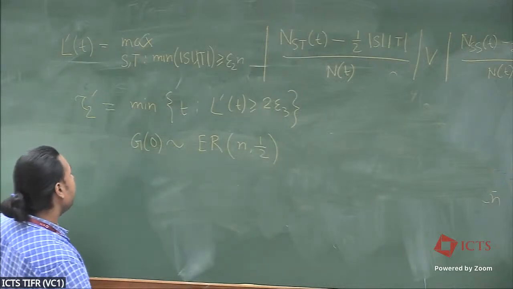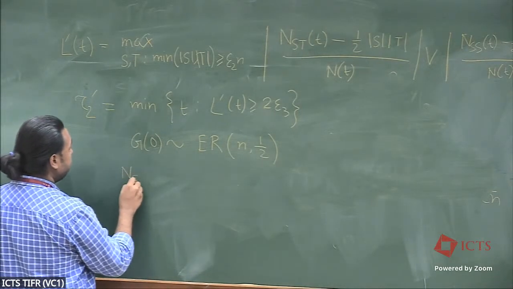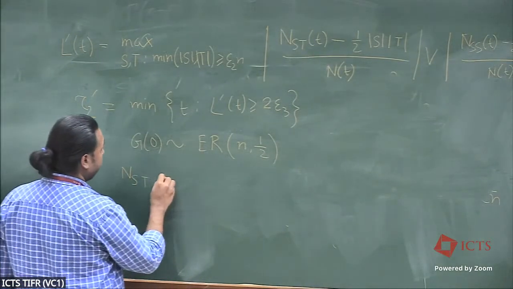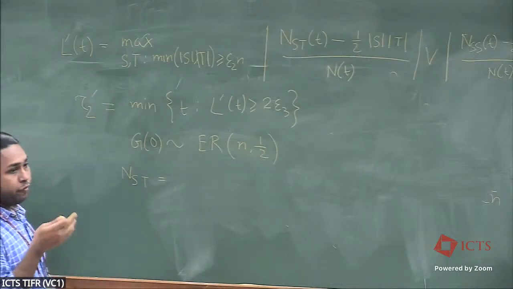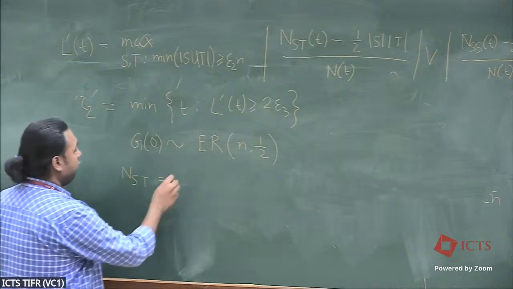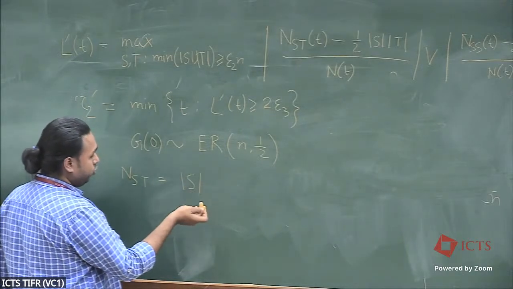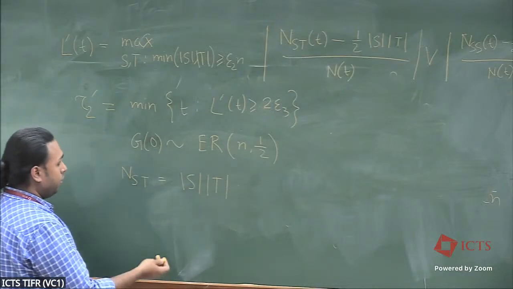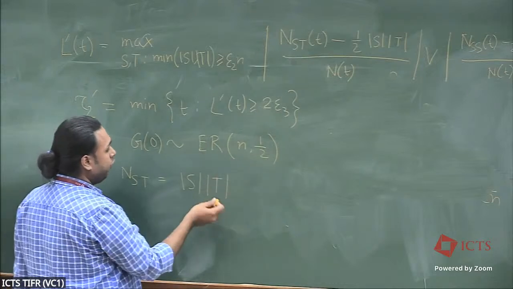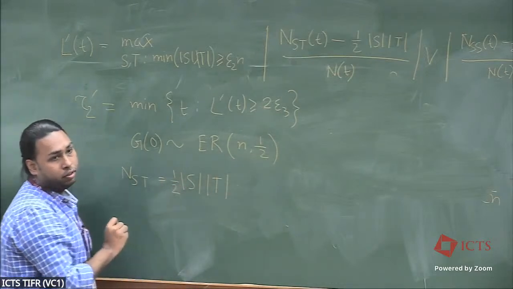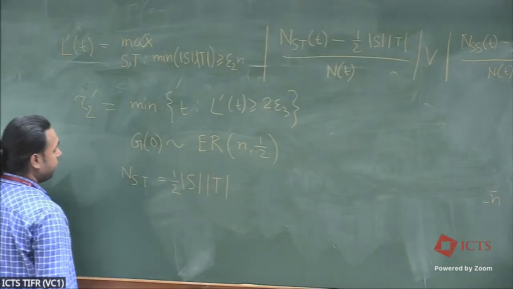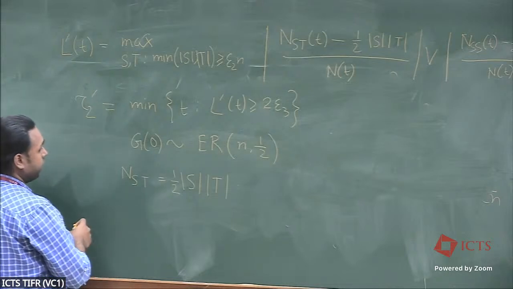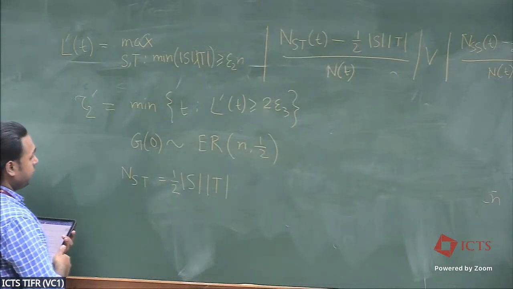So your N_ST, which is the number of edges between S and T: you choose one point from S, which can be done in mod S ways, and you choose one point from T, which can be done in mod T ways, and each edge is present with probability half, so you get a half there. So this is the expected N_ST, right?